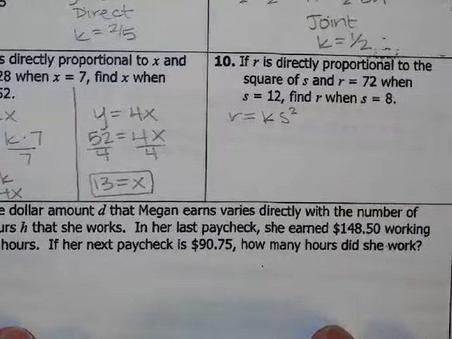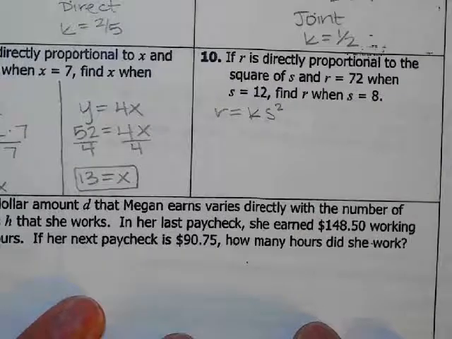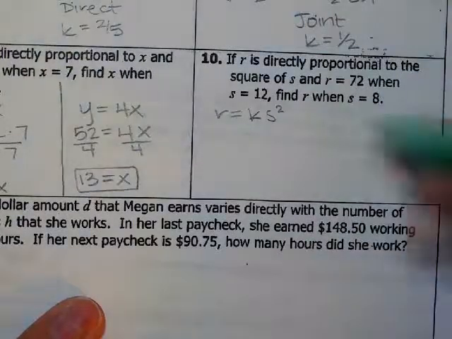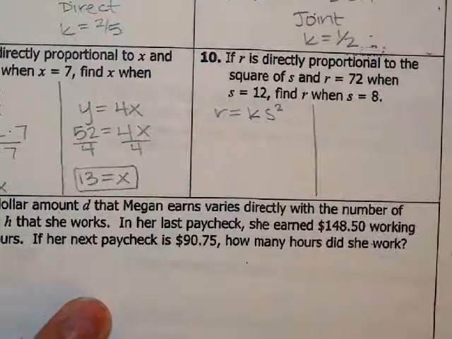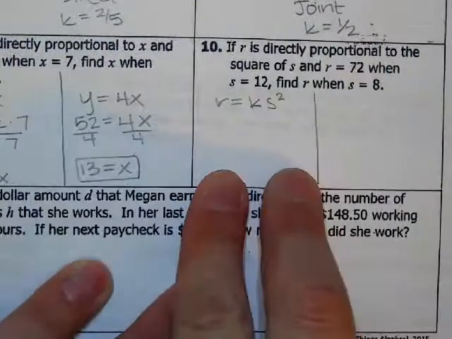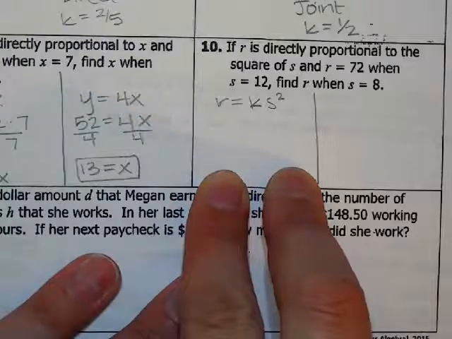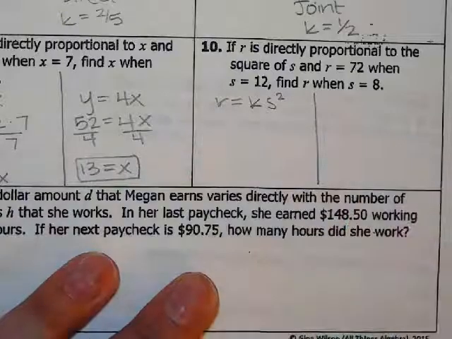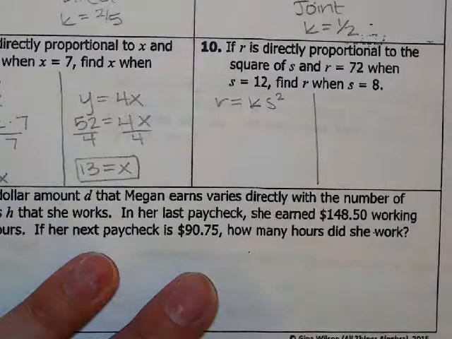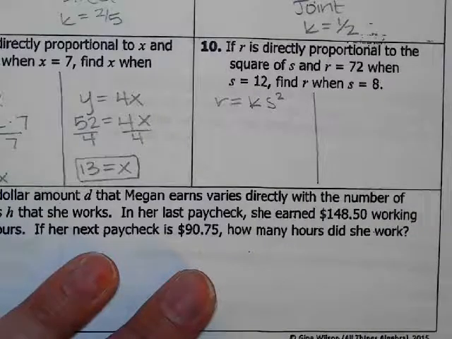So the first half of the problem, we're going to find K. The second half of the problem, we can deal with the second half of the information. Does that make sense? Because they gave us two pieces of information. R is directly proportional to the square of S. Are we comfortable with that?